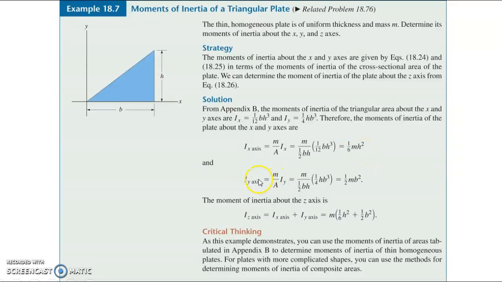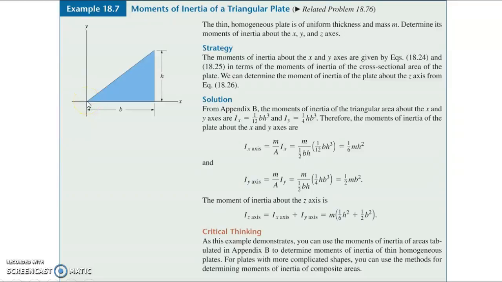So we can do the same thing for the moment of inertia about the y-axis, or a very similar approach, and we get the moment of inertia about the y-axis, and that turns out to be 1/2 m b squared. Now if we wanted the moment of inertia about the z-axis, well, remember earlier we proved that for two axes that are perpendicular to each other within a plane, the sum of those moments of inertia gives the moment of inertia about the third axis.